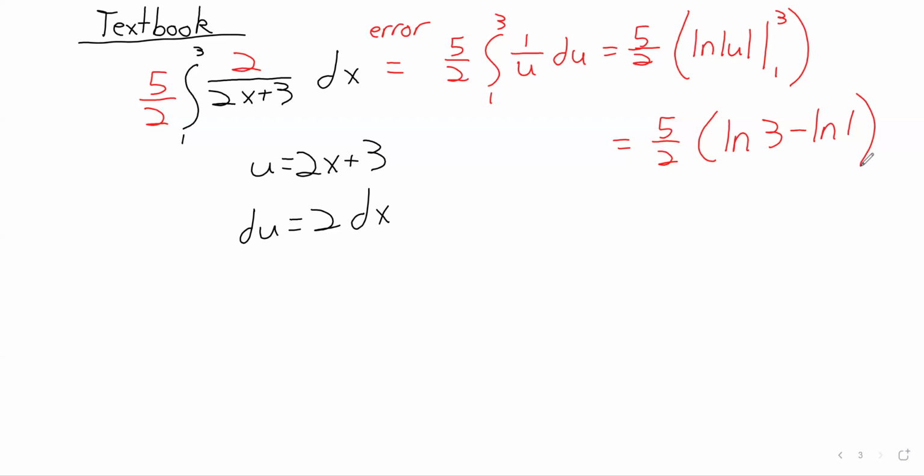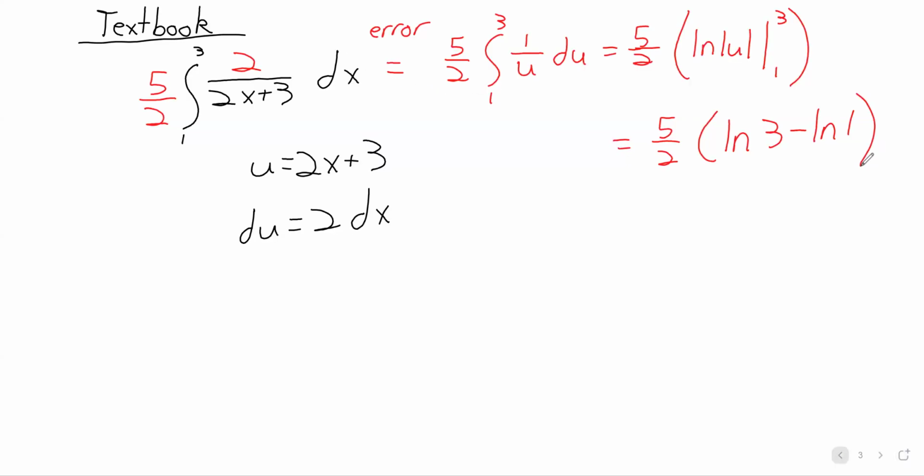And I've written this down, but I've obviously also written down that this is a mistake, that we've made an error here. And the error comes from the limits of integration. So when we have a function like 2 over 2x plus 3, I don't know what it looks like.